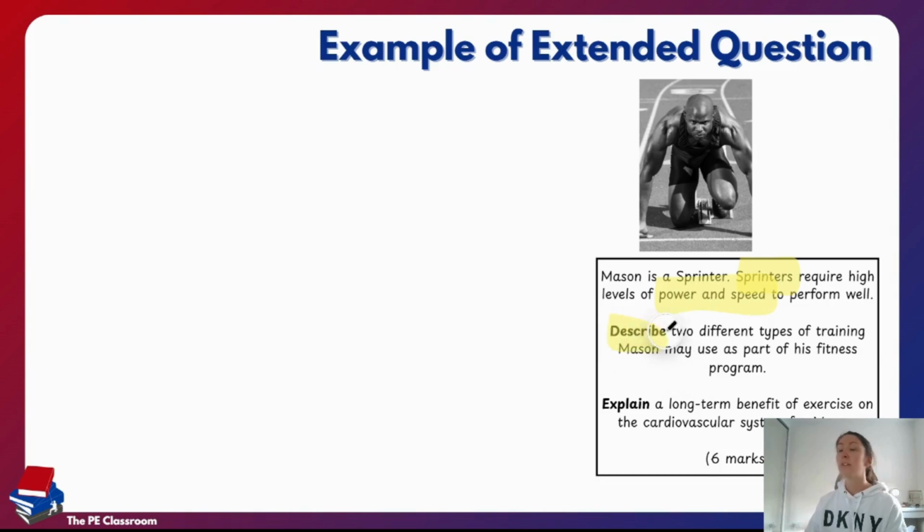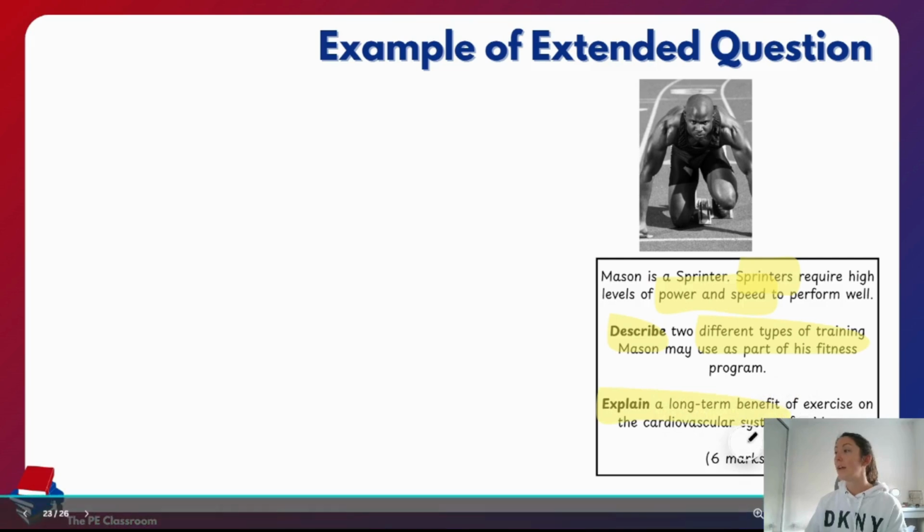Describe is our first command word, so we know already that we've just got to recall some facts, give some brief knowledge. And it's asking for 2 different types of training that Mason might use that is relevant for sprinting. The second part of the question, explain a long-term benefit of exercise on the cardiovascular system for Mason. And again, it's worth obviously noting it's 6 marks.